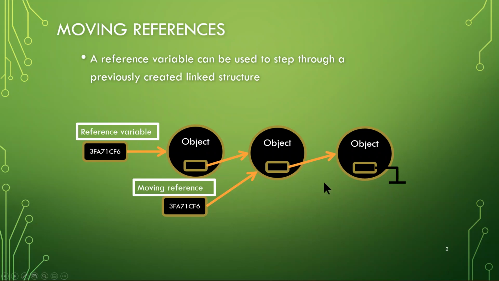And then you have the moving reference itself, which is just a reference variable. So it's not an object, it's a variable that can hold an address to an object. This one can be used to start at the beginning and then move in the direction that the chain goes. Since this one's going all to the right, this is one that we can start using to move to the right.